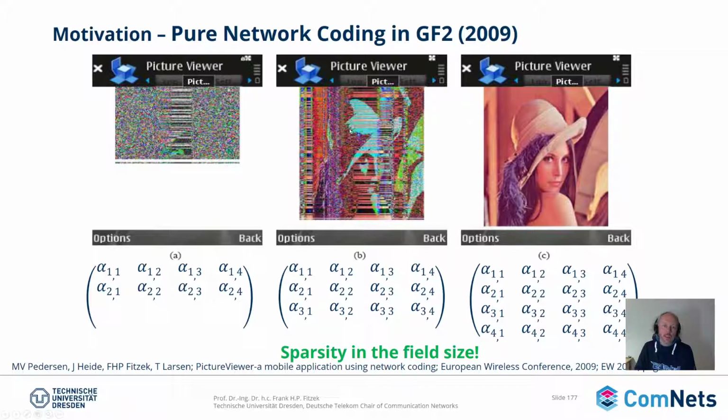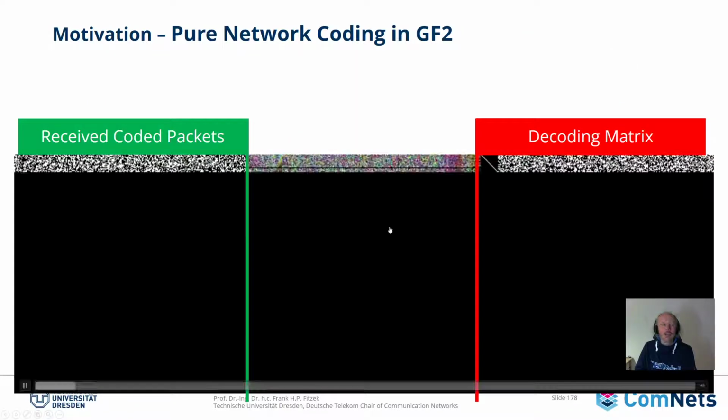But what we saw here for the LENA picture, when you have all the linear equations, you get a nice picture, but even some packets beforehand, you could understand, oh, this is LENA. We never really understood why this happened, because the picture itself was not sparse, but what's sparse was the code that we used. It was a binary field, so we only had ones and zeros, so the sparsity was in the code. Let me show this live.